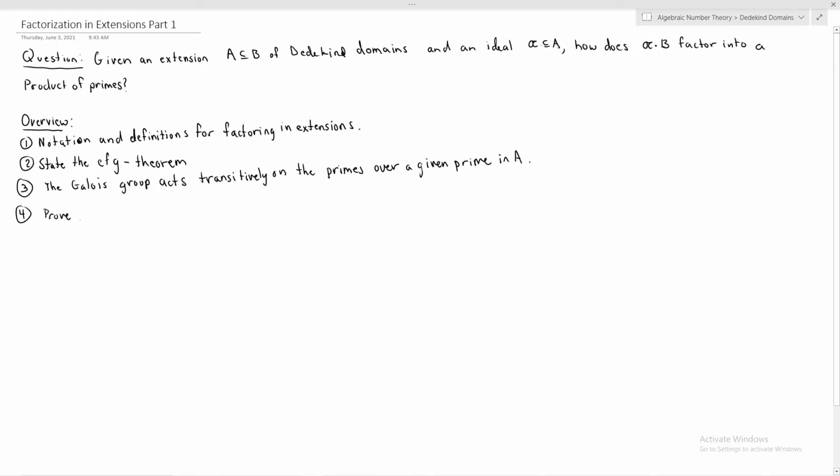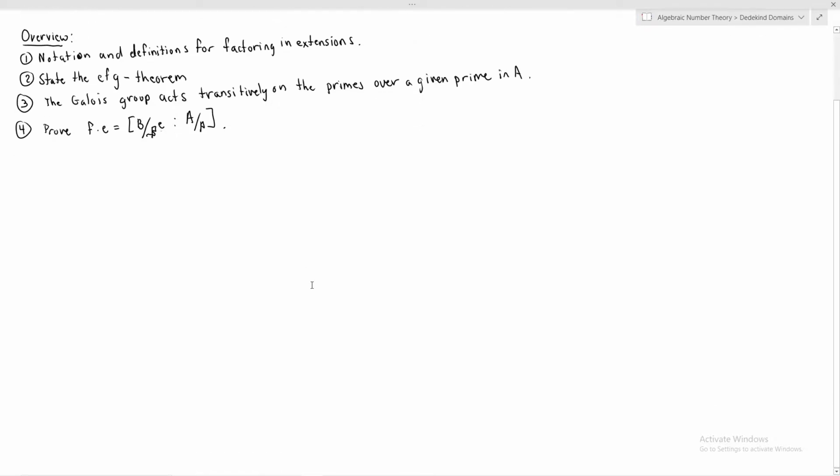Yeah, that was a really vague statement, and again, I'll clarify this notation. But this lemma will be important in the proof of the EFG theorem. This F is going to be something called the residue degree, and E is going to be called the ramification degree, and it appears here as well. Okay, so first, let's go ahead and get started with some notation.